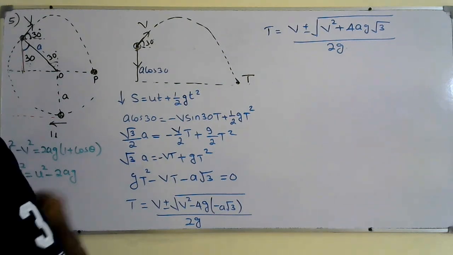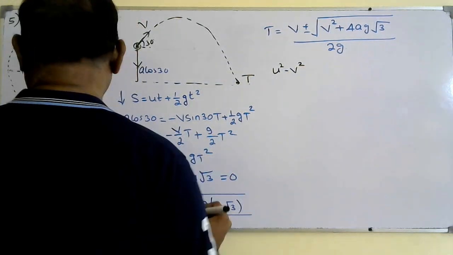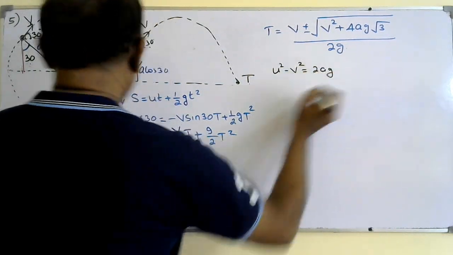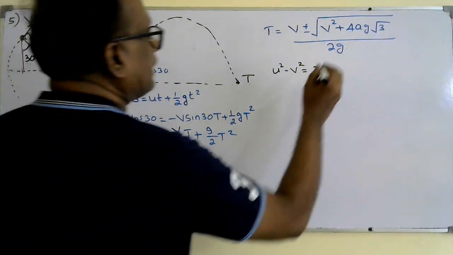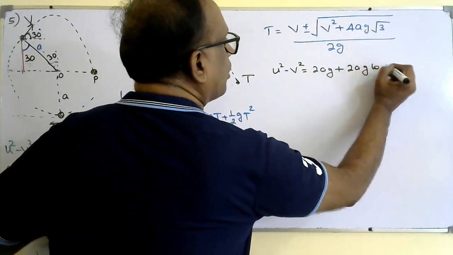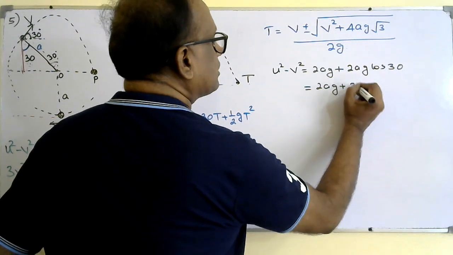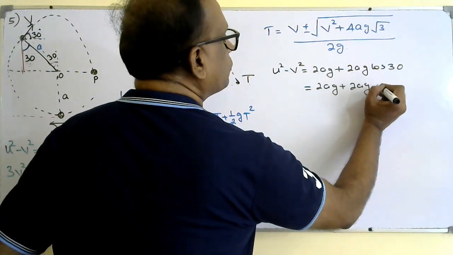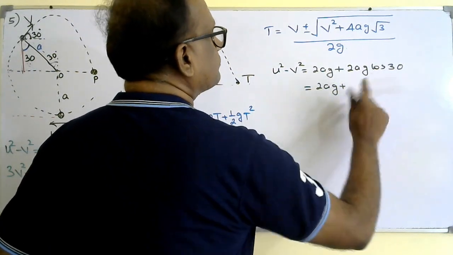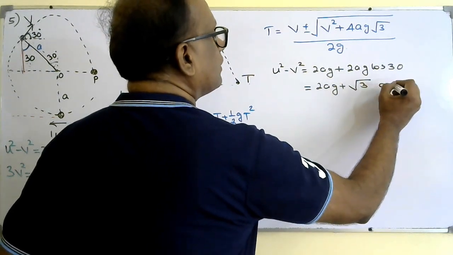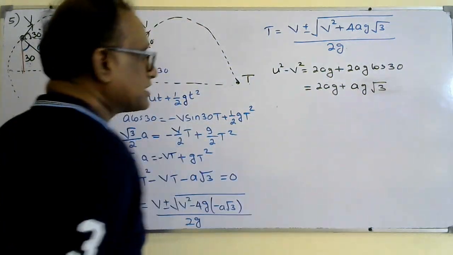Okay, so from this u squared minus v squared equal 2ag plus 2ag cos theta, theta equal 30, so 2ag plus 2ag cos 30, root 3 by 2, so root 3 by 2, 2 and 2 get cancelled, we will get root 3 ag or ag root 3 is u squared minus v squared.